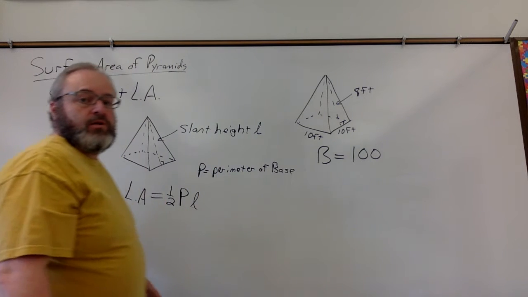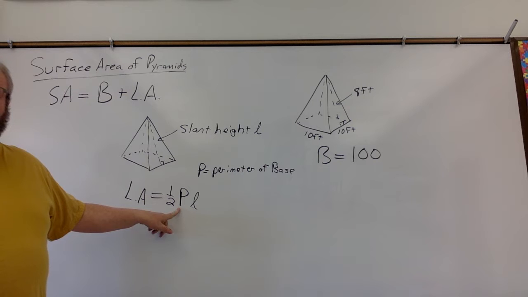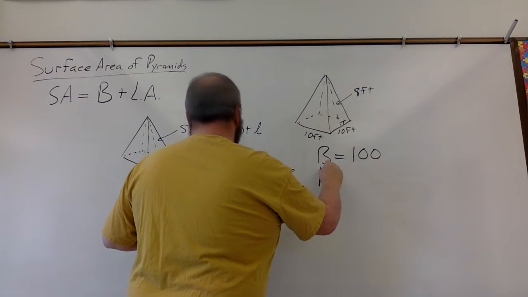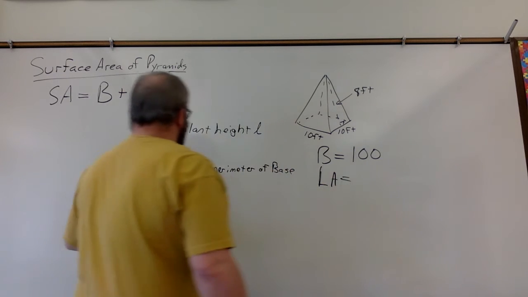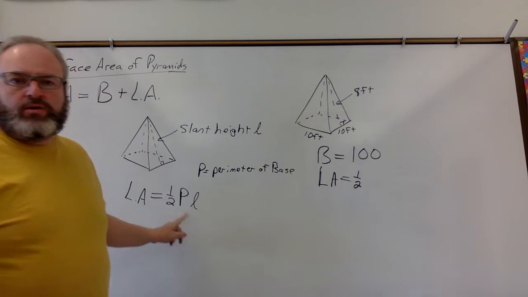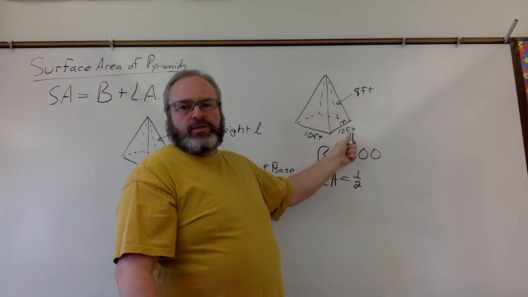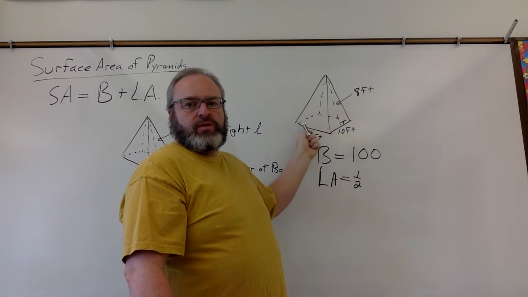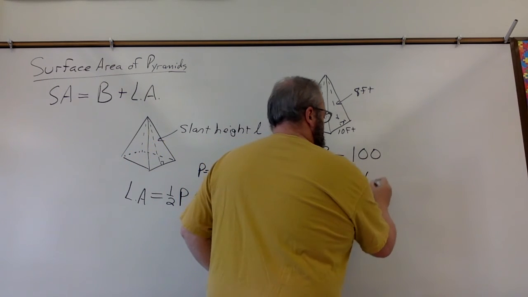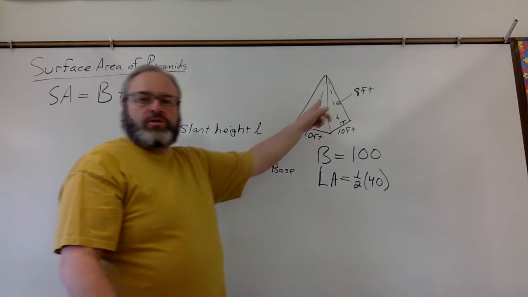Now, to find the lateral area, we need to find 1/2 the perimeter times the slant height. Okay? So the lateral area is 1/2 the perimeter. Perimeter of the base. So that's 10 plus 10 plus 10 plus 10. It's 4 sides. So 4 times 10 is 40. Times the slant height, which is 8.